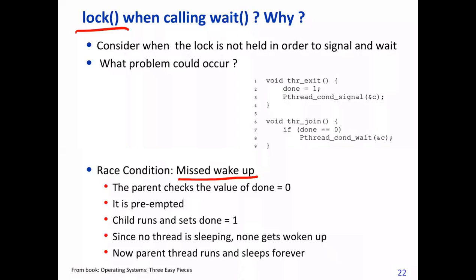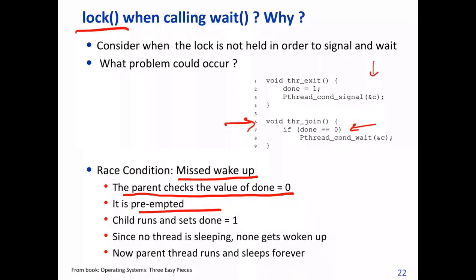So the parent checks the value of done is equal to 0, and at this point it is preempted. It's context switched. Now the child runs.